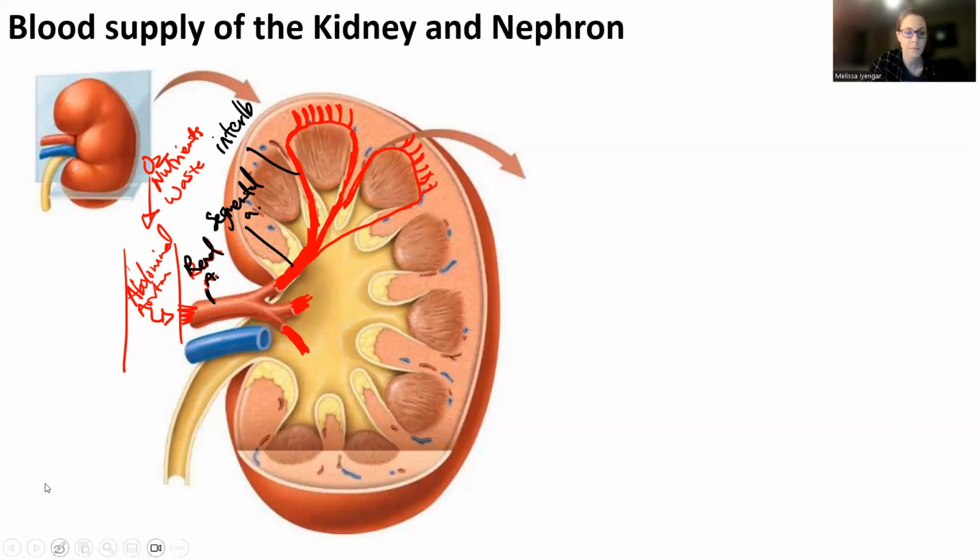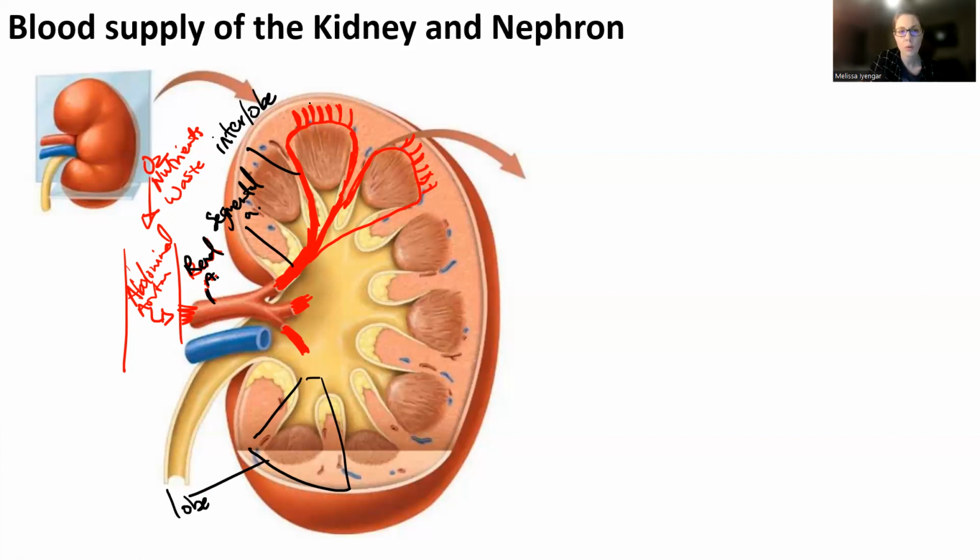Let me rewrite that. So inter means between, and lobar means lobe. All right. So I didn't really teach you guys this, but basically every pyramid and column is one lobe of the kidney. So the kidney has, I think, something like 7 or 8 different lobes, something like that.